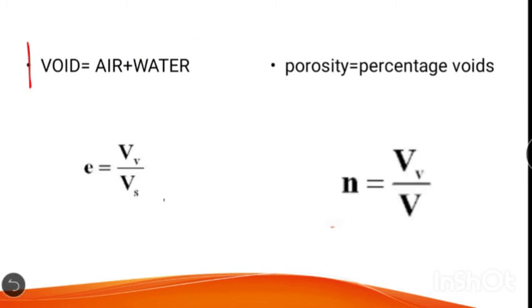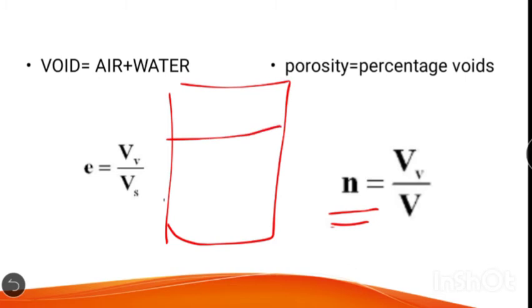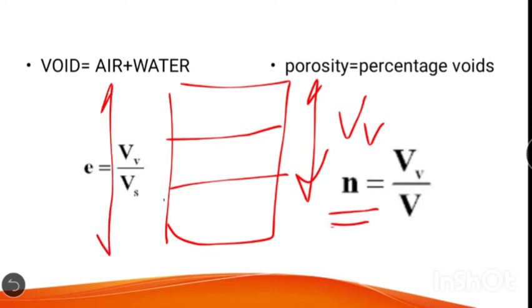Now moving further, the second term is porosity, which is also known as the percentage voids. It is denoted by n, and I'll also make a phase diagram. It is the ratio of the volume of void to the total volume, and it is also expressed in percentage.